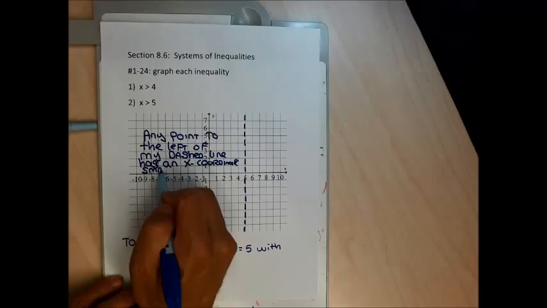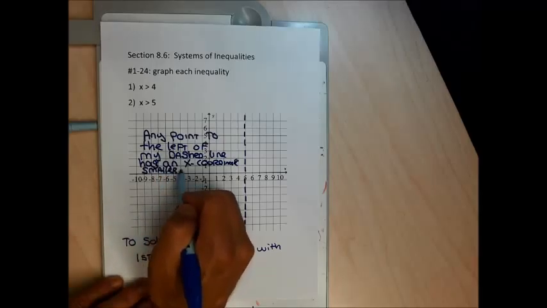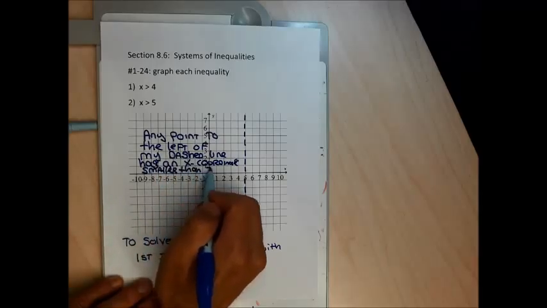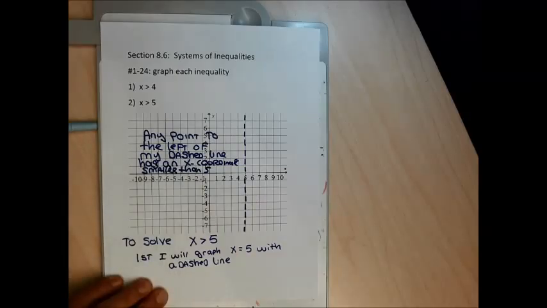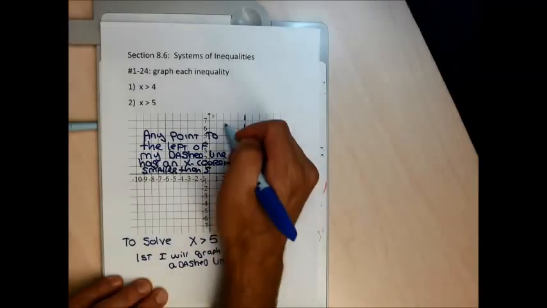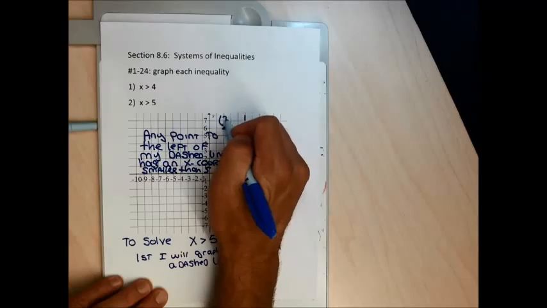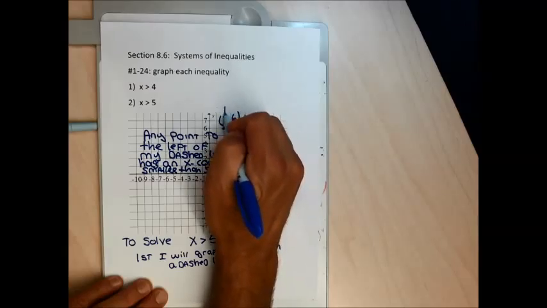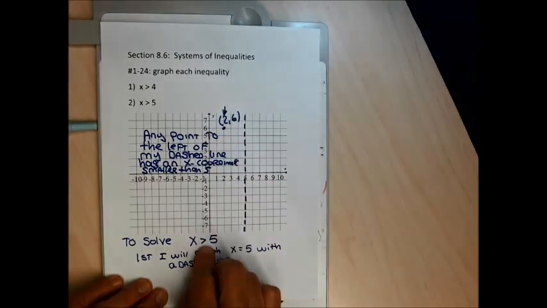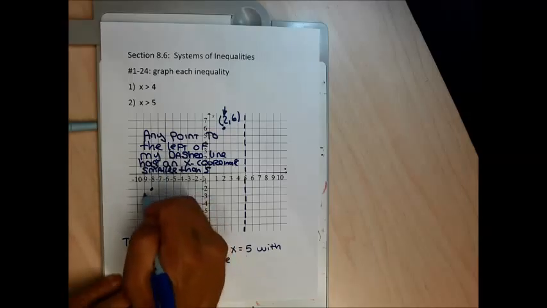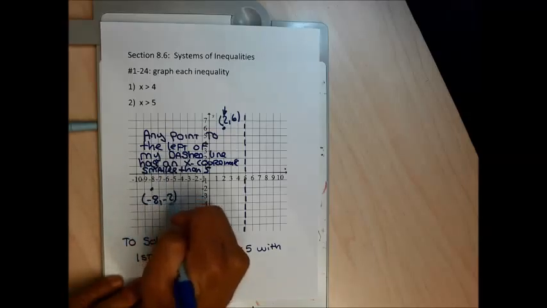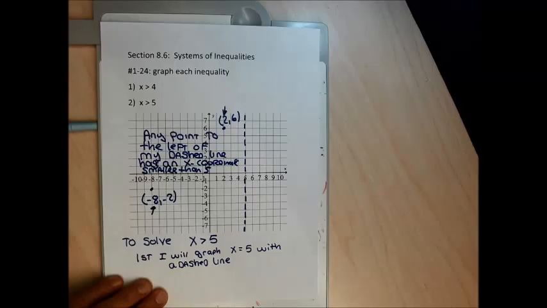So it won't be part of my solution. So there's no point over here that's part of my solution. Like, here's the point 2, 6. Its x-coordinate is 2, which is not greater than 5. Here's the point negative 8, negative 2. Its x-coordinate is negative 8, which is less than 5. It's not part of my solution.